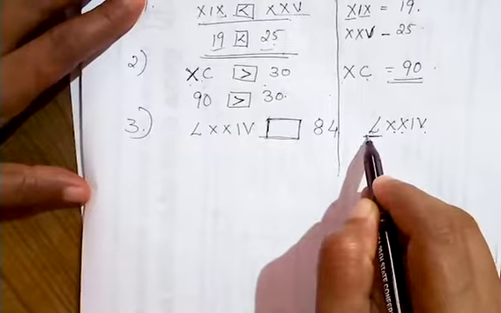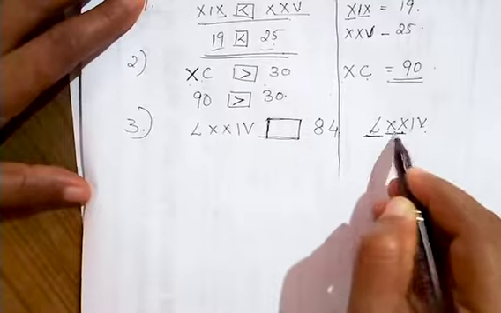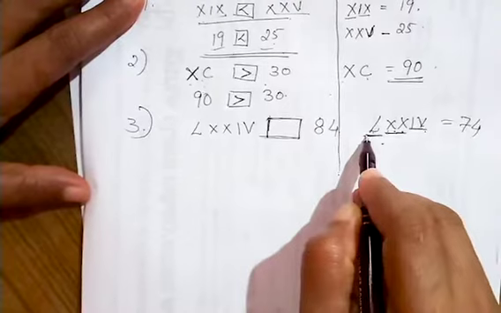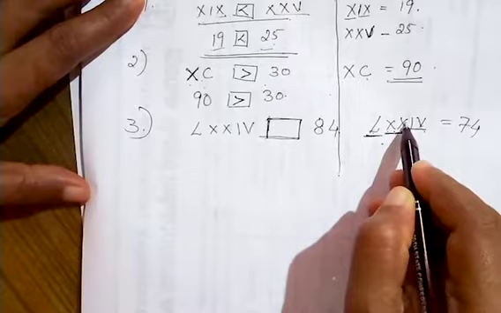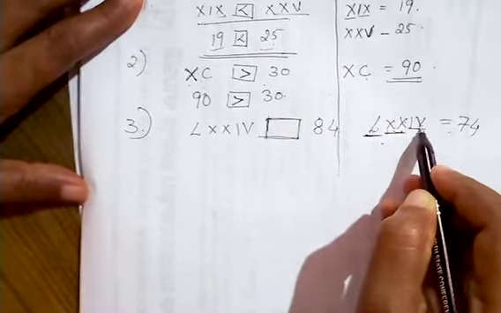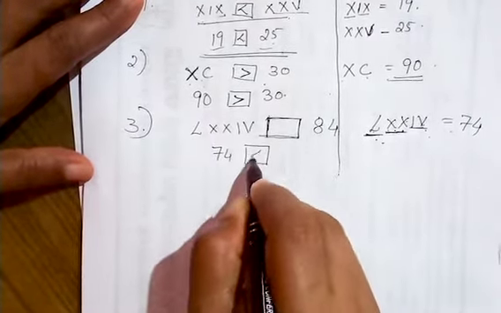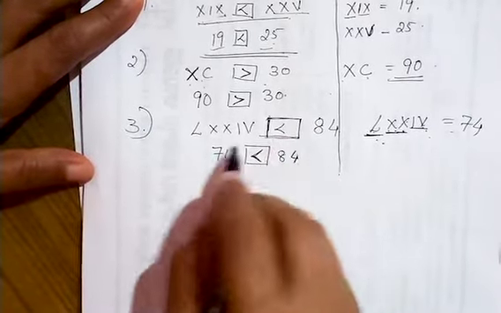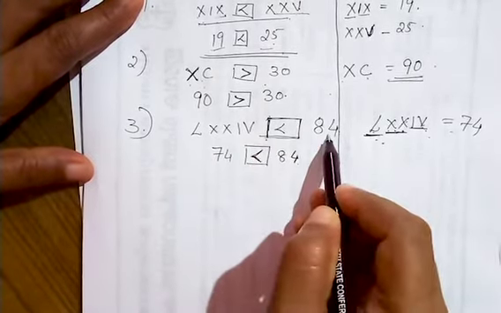L means 50. 50 plus 10 plus 10, that is 70. And this is 4. It is 74. L means 50, X means it is 10. That is, LX means 60, and we are going to add one more 10 here. It is 74, and IV, it is 4. That is, 74 is less than 84. That means LXXIV is less than 84.